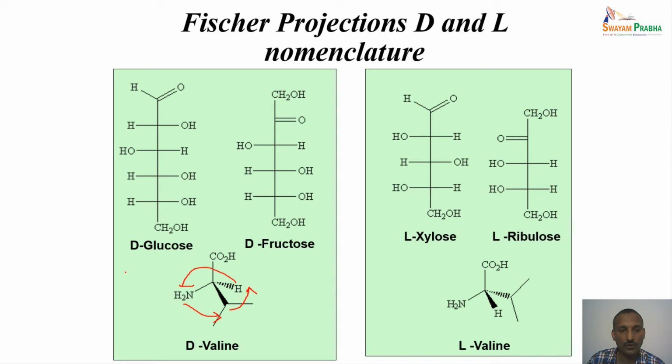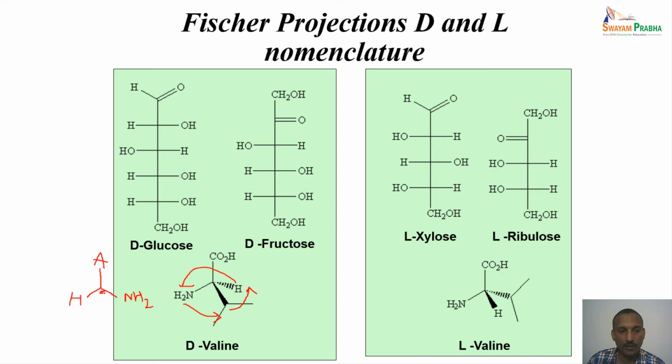So the actual representation can be like this. So here it will be the hydrogen, and this is our acid part, and here we have the NH2, because these two are now pointing towards the observer.